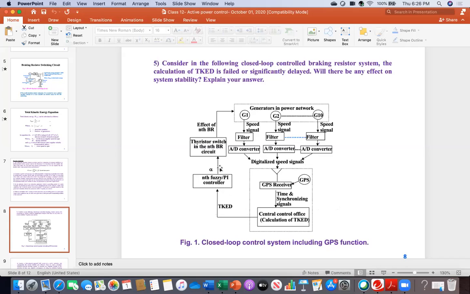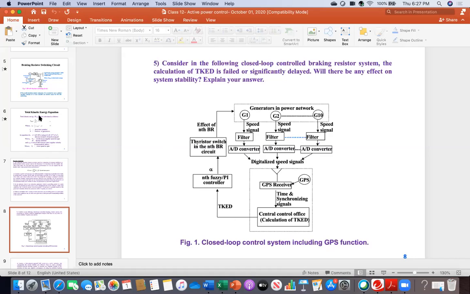For example, your controller is ready to operate, your braking resistor is ready to operate, but it is not getting the signal properly, either because it failed or because it is significantly delayed, like 2 seconds, 3 seconds delayed. So in the digital age, modern age, 1 second, 2 seconds is too big. If it is in the microsecond range, then that is okay. But if it is significantly delayed, like more than 1 second at least, then the system stability may be hampered.